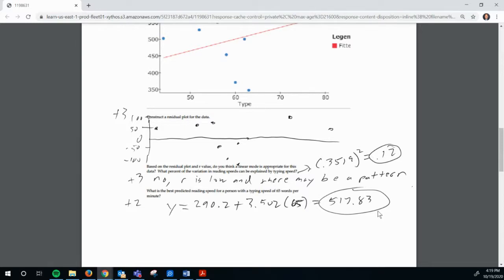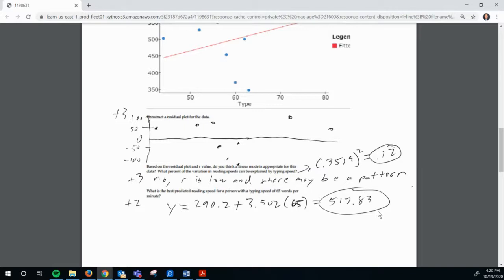R squared. Maybe remember that in your homework?